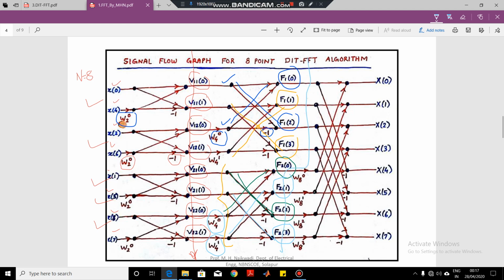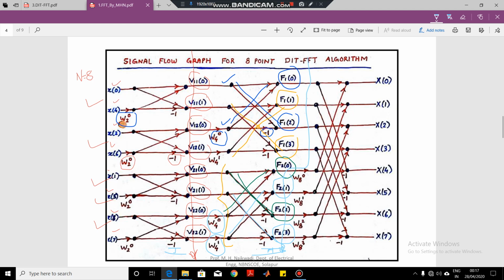So this was our first stage output, and this is our second stage output. Now after getting the second stage output, we are again combining these butterflies. Here, 2-point butterflies were combined to form a 4-point stage.